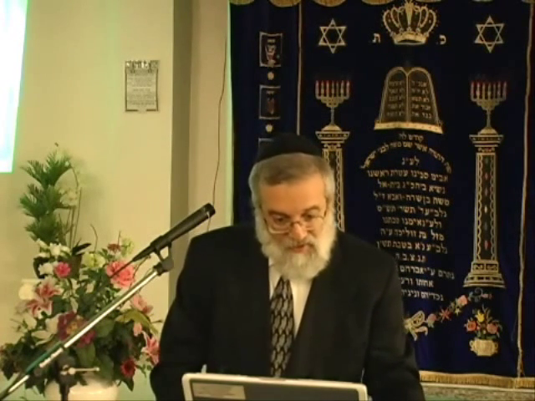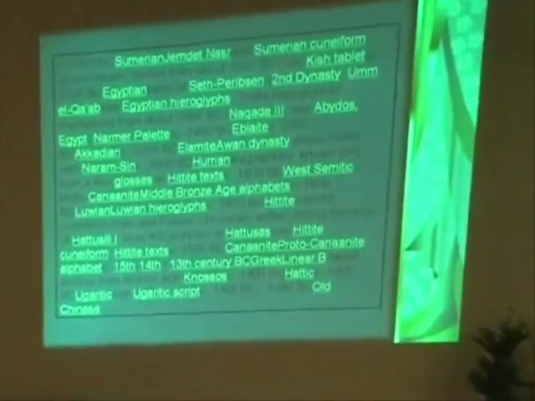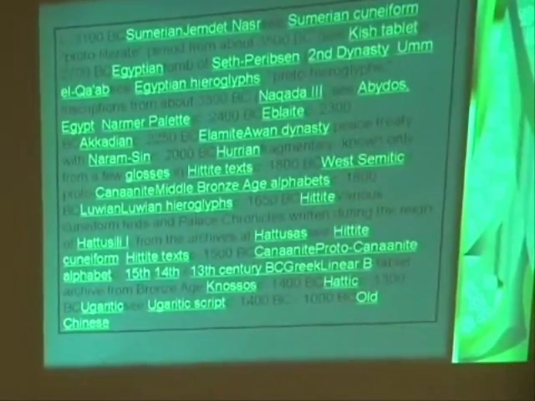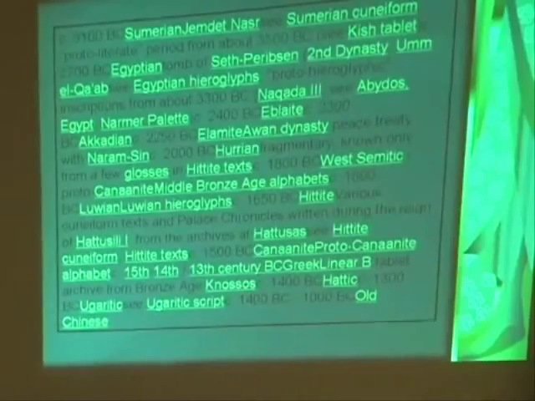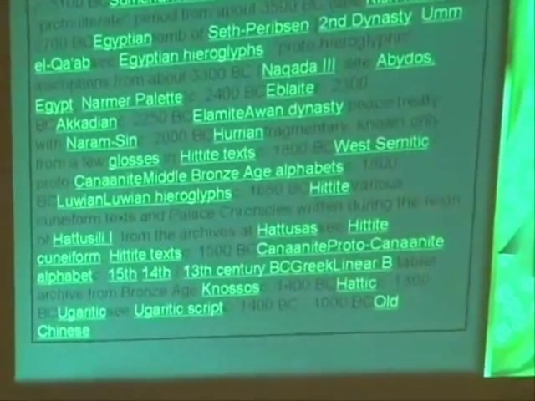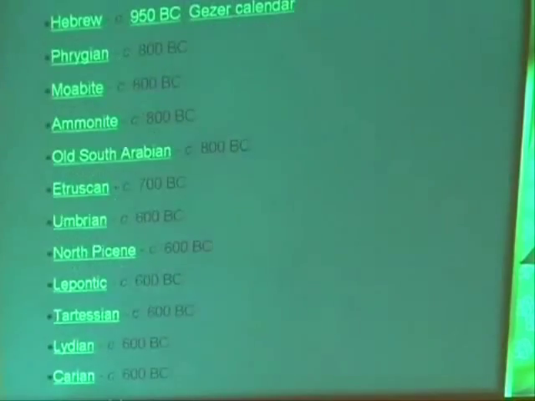In the very beginning you have the Sumerian languages, you have the Egyptian, you have the Akkadian, of course, you have the Hittites, the Canaanites, Ugaritic, Old Chinese. Yes, Old Chinese. It's one of the early languages, but not in the very, very beginning. It's already appearing about 1,000 to 1,400 BC. It was before the Common Era.